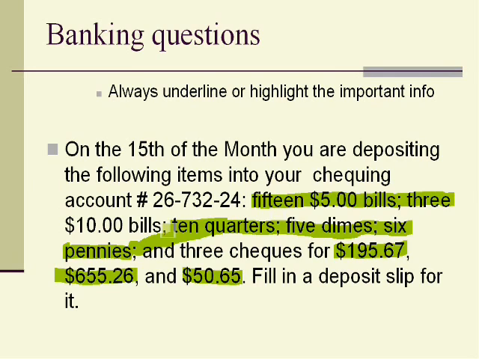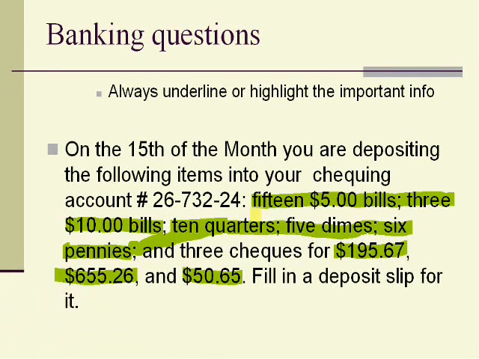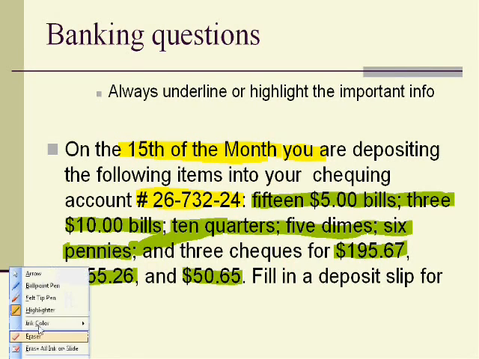Now with my yellow ink, I'm going to highlight my account number, and when I put it in, and who put it in, it's you. Okay, so there's all my important information. So right now I could add all this stuff together, but I'm only going to add up the change right now.